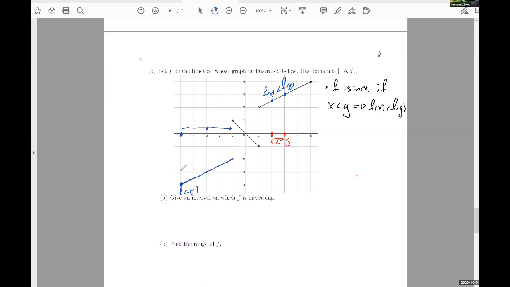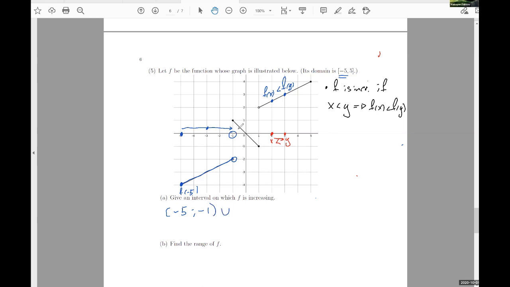Since your domain starts with the point negative 5, and since at negative 1 you have an open circle, your answer is: the function is increasing from negative 5 to negative 1, open parenthesis, union.